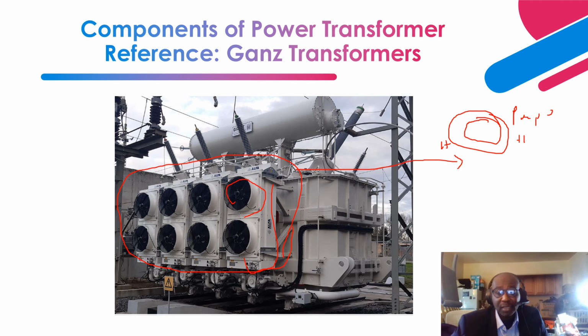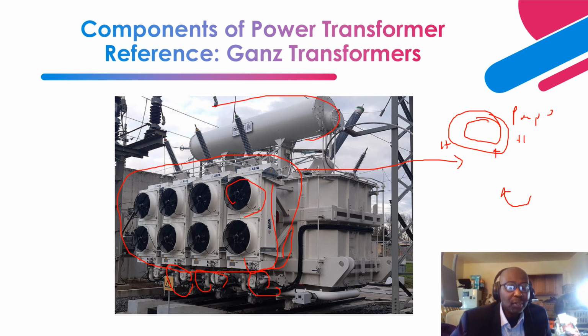To force the oil through that, you need a pump, and this is how the pumps are located. Its goal is to force the oil through the ducts and remove the heat as quickly as possible to achieve the required temperature rise per design.